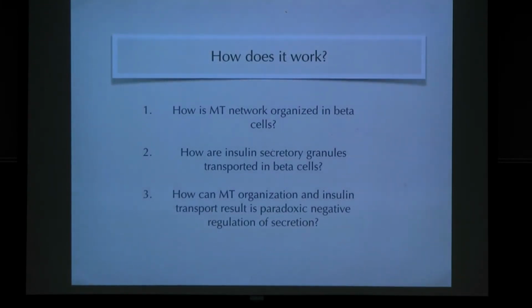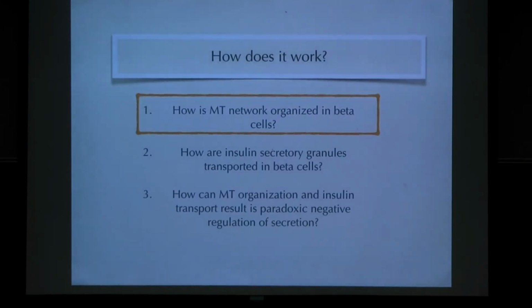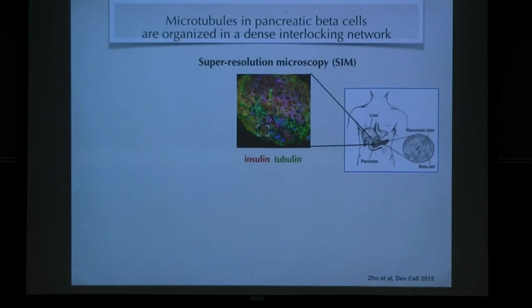How is the microtubule network organized, how are insulin granules moving inside those cells, and also I will introduce the model that Bill built for us, trying to understand how such a microtubule network can result in this kind of insulin movement and localization. So, the microtubule network: how is it organized in beta cells?